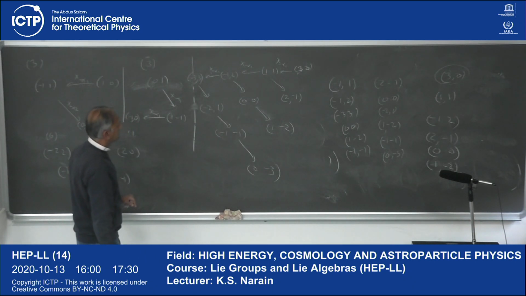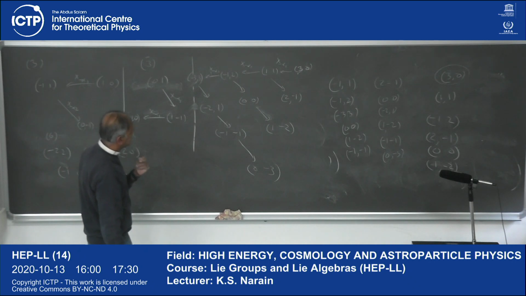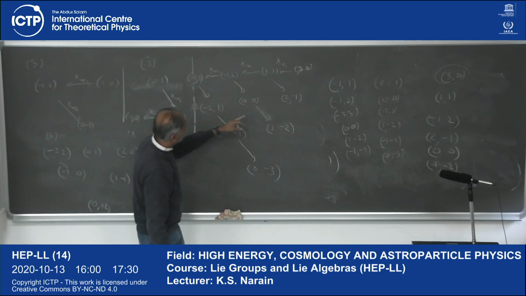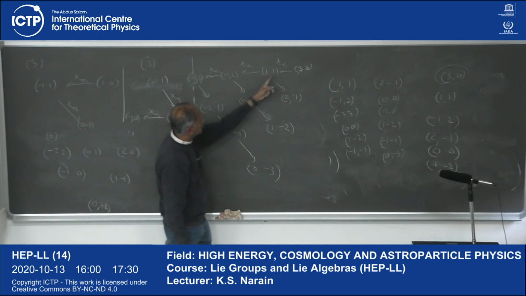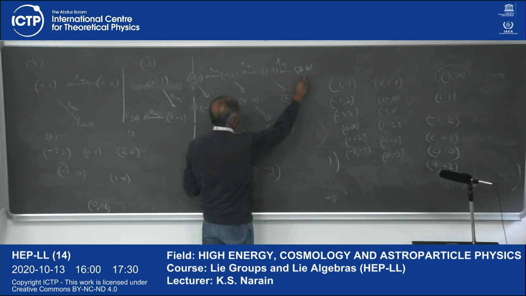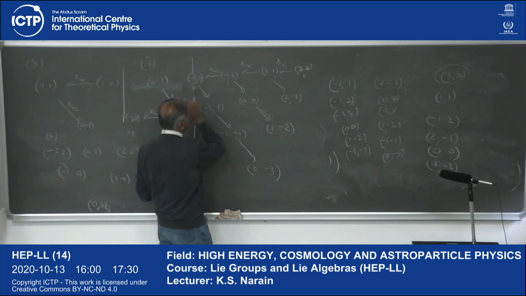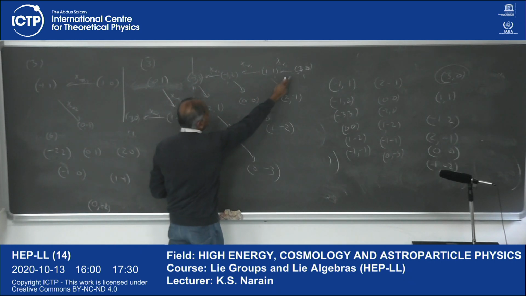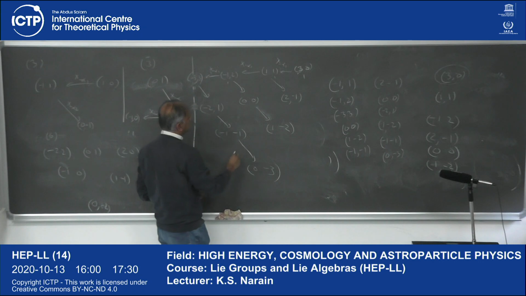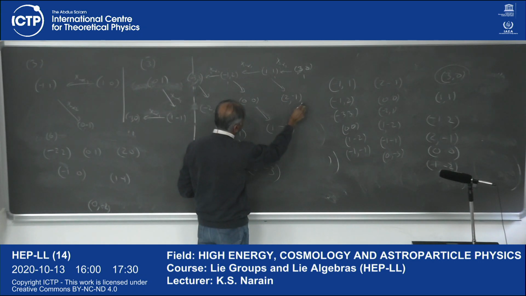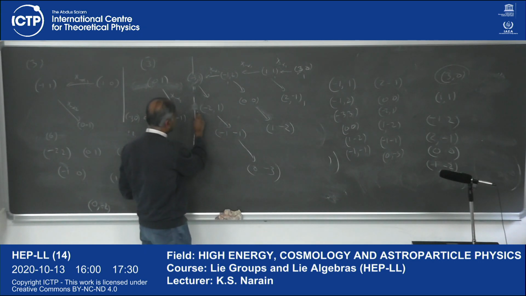That's it. Now one can check the multiplicities. This is 1, 1, 1, 1, because there is only one way to reach here, right? But here again, there is only one way to reach. So 1. So this better be 1 also.